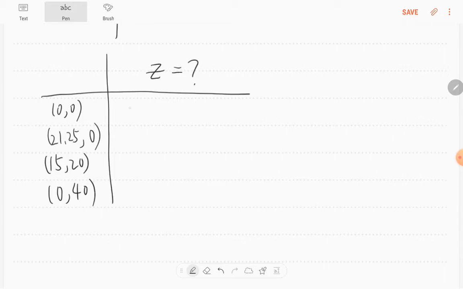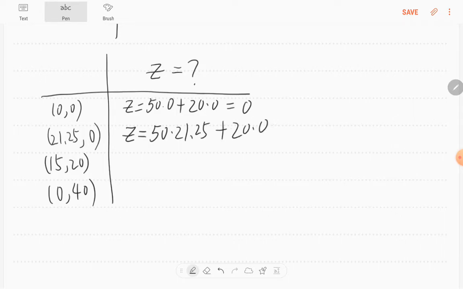Okay? So these are the z values. z equals 50 times 0 plus 20 times 0, which is equal to 0. This is 50 times 21.25 plus 20 times 0, which, if you use a calculator, will give you 1062.5.